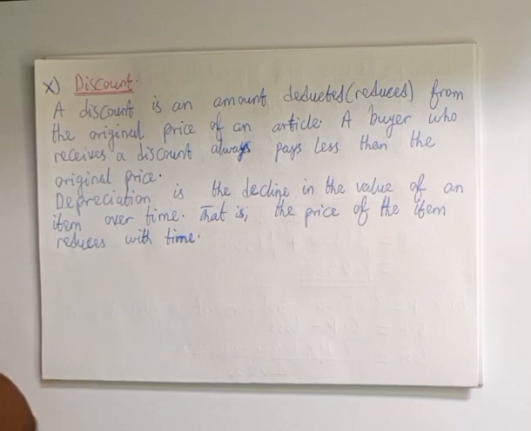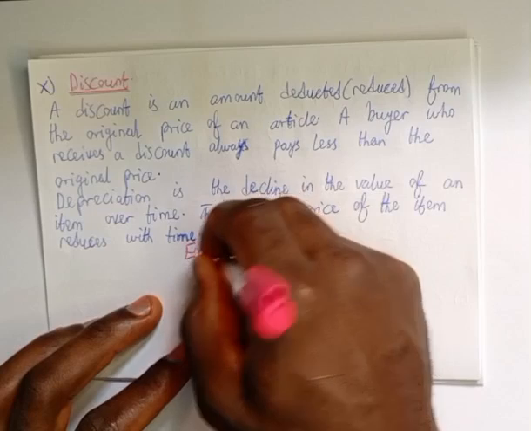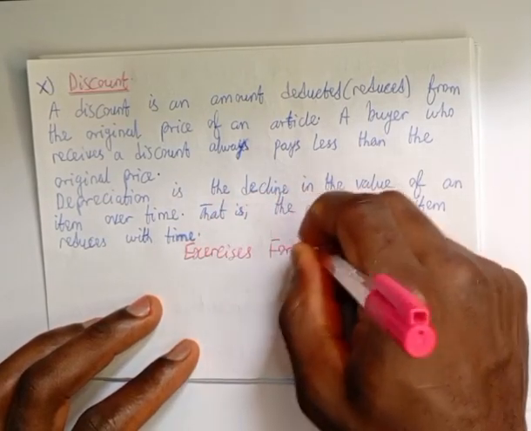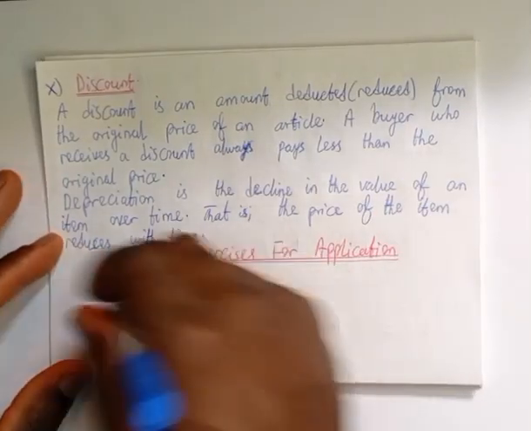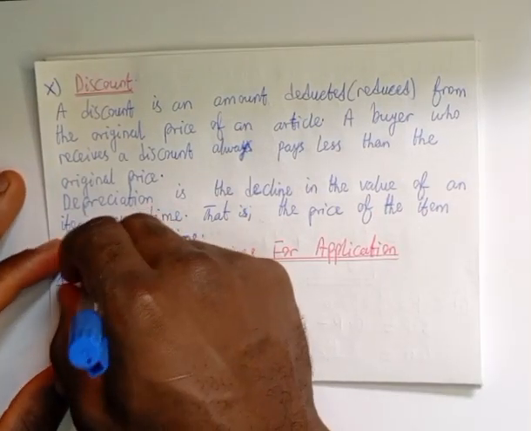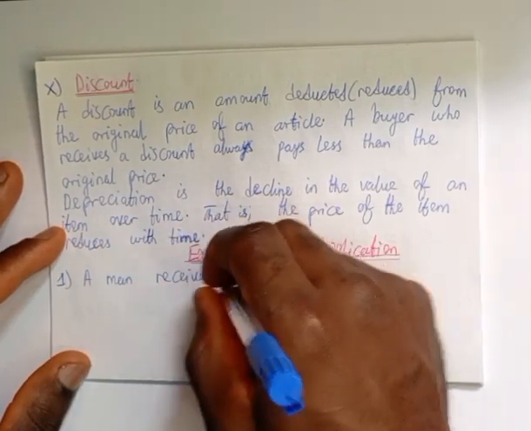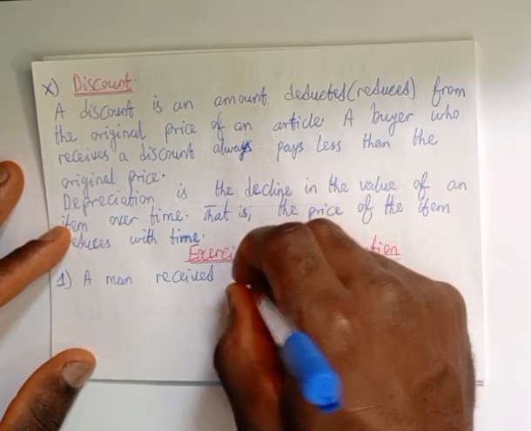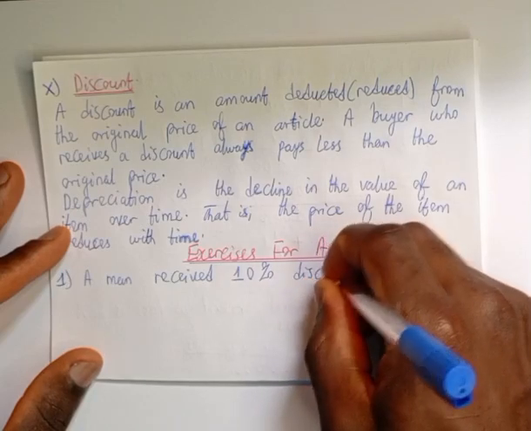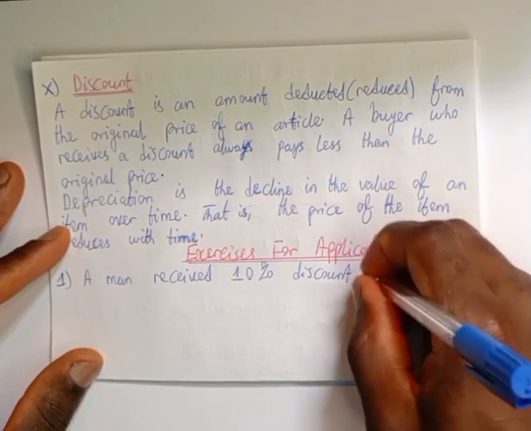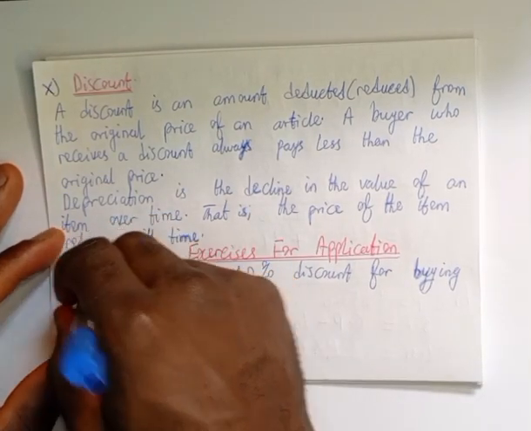Now let's take down these exercises on discount. Exercises for application. Question 1. A man received 10% discount for buying a car.